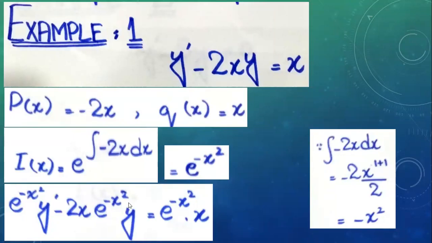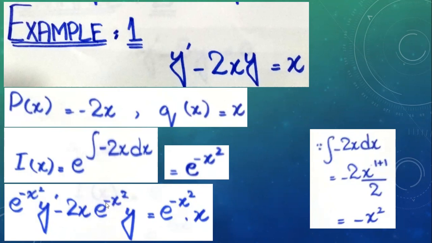Once you do so, analyze this equation carefully. On this side, we have the term exponential power minus x squared times the derivative of y, minus y as it is, and this term is the derivative of exponential power minus x squared, which is minus 2x into exponential power minus x squared.